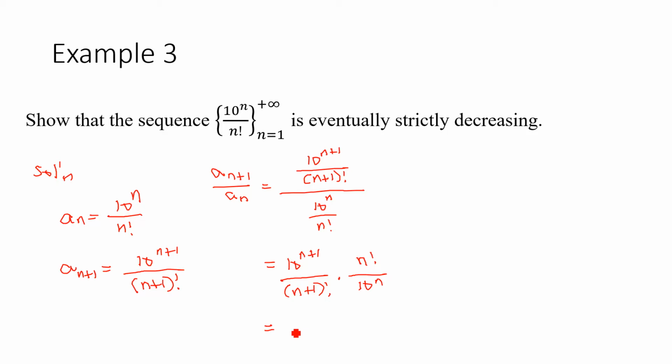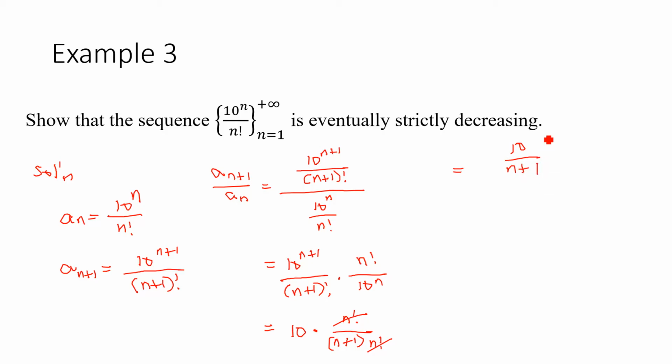So that would be 10 times n factorial over n plus 1 times n factorial. Now we can divide out the n factorial. So you have 10 over n plus 1.